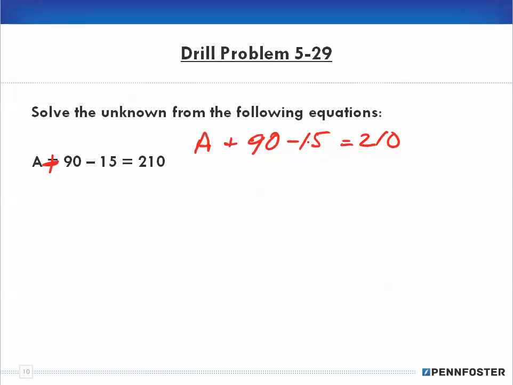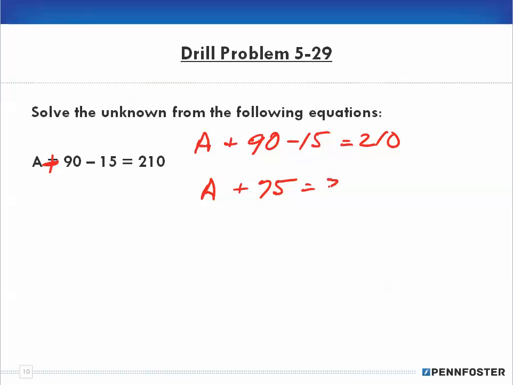Well, the first thing I'm going to do is combine like terms here. In other words, I have a whole number 90 and a whole number minus 15. I'm going to add those together, or in this case, subtract the 15 from the 90, and I end up with a plus 75. Let's see, 90, 85, right, 75.